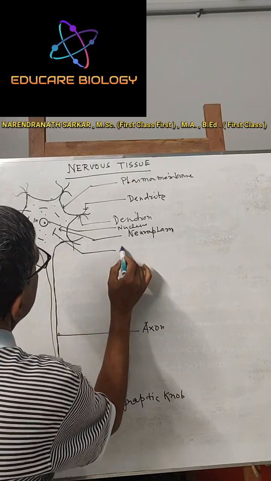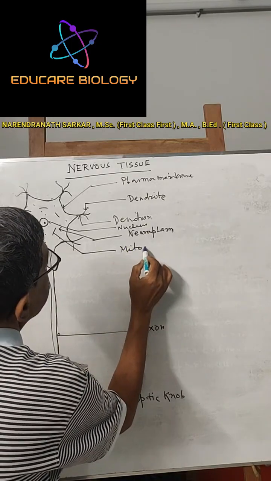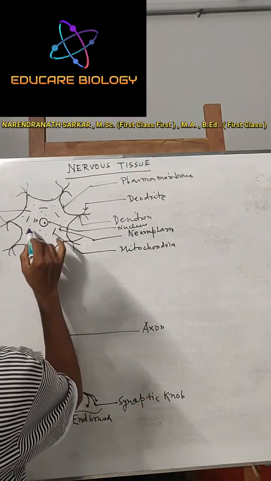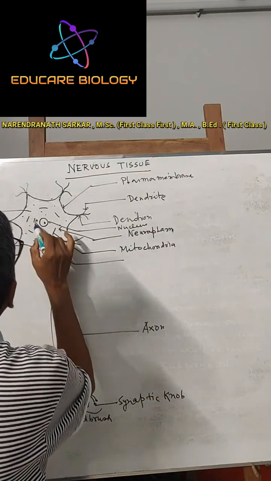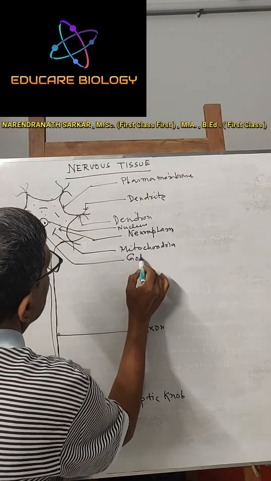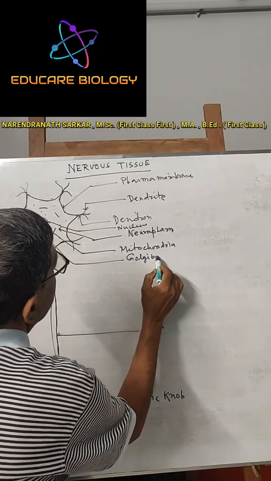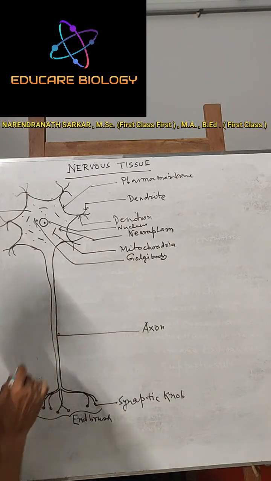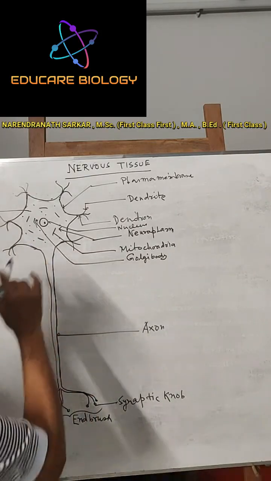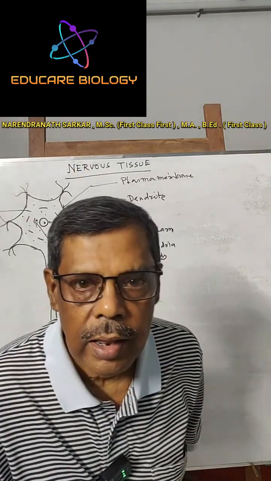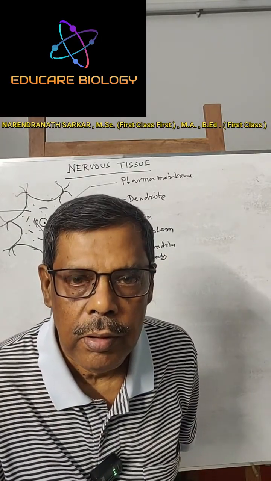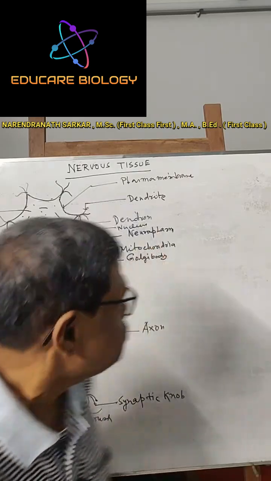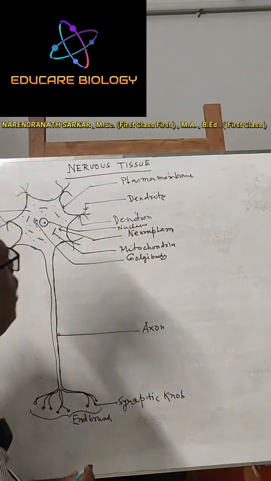That is mitochondria. This is Golgi body, etc. Other than this, there are neurofibril, microtubule, melanin pigment. This is the neuroplasm.